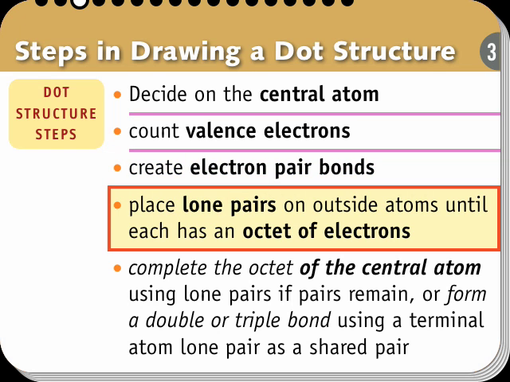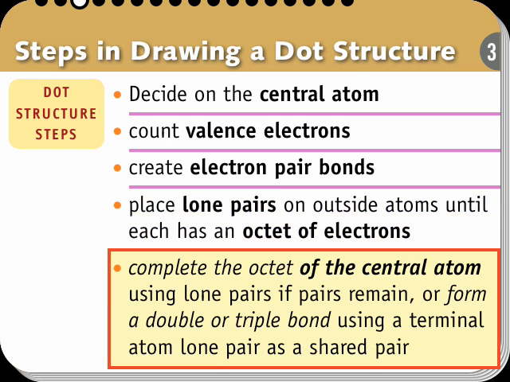Next, if electron pairs still remain, we place them as lone pairs on outside or non-central atoms until each of these atoms has achieved an octet of electrons. If a central atom is deficient in electrons and pairs remain to be used, we place a lone pair or pairs on that atom. If no pairs remain, we use lone pairs from a connected atom to form a double or triple bond.